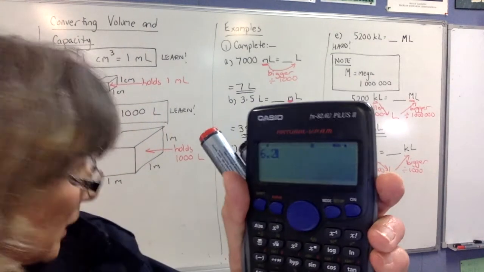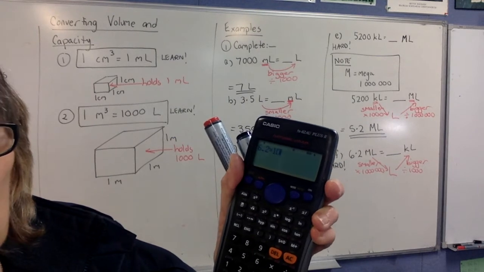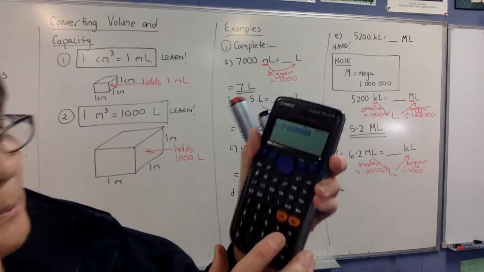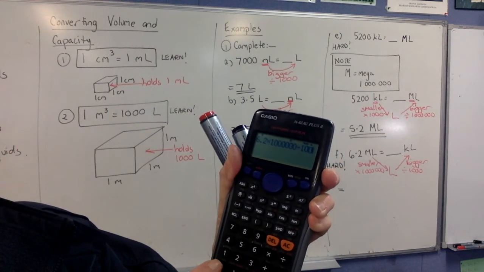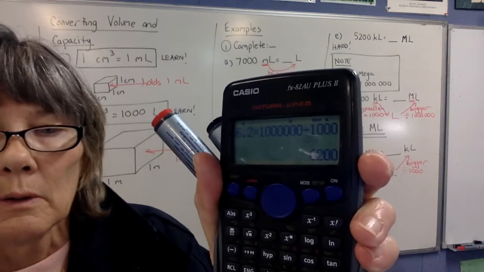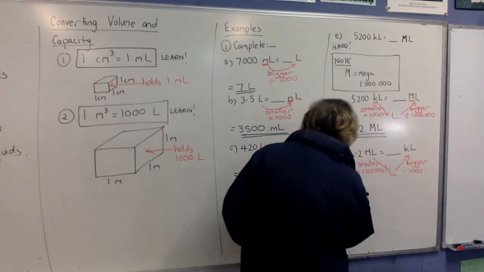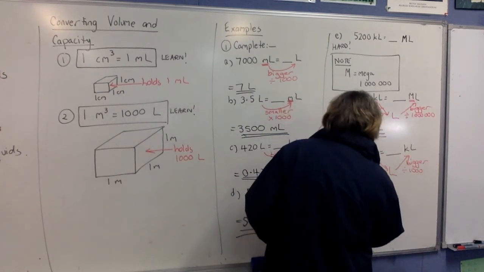Then we're going to press times 1 million, 6 zeros. Then we're going to press divided by 1,000, 3 zeros. And now you can press equals. 6,200. And then we can put kiloliters on the end.